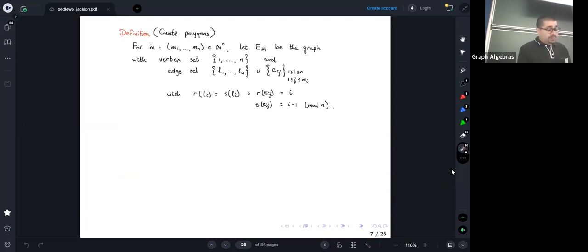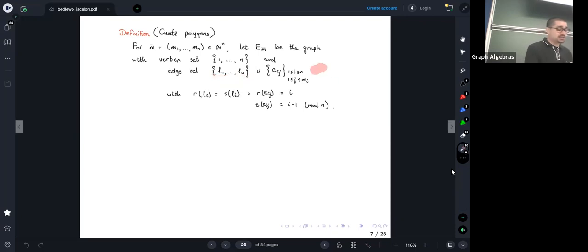So okay, we've got the vertex set of n vertices, and I have these edges. These L's are loops at each of the vertices.